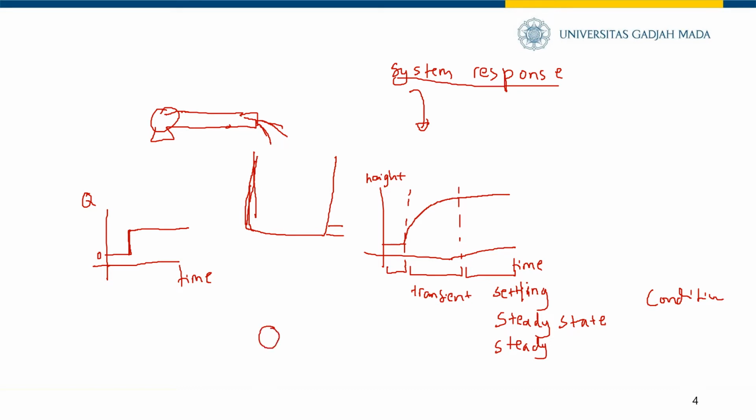How about a motor, like a DC motor or a one-phase motor or a three-phase motor? Maybe it will behave differently. Like this one, maybe the RPM will fluctuate like this. How about the damper? You already discussed the damper.